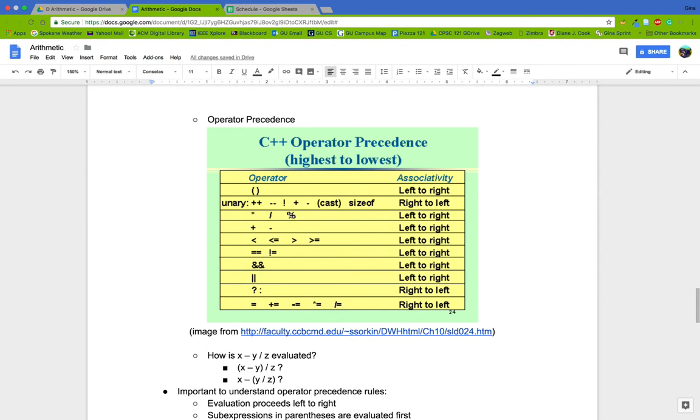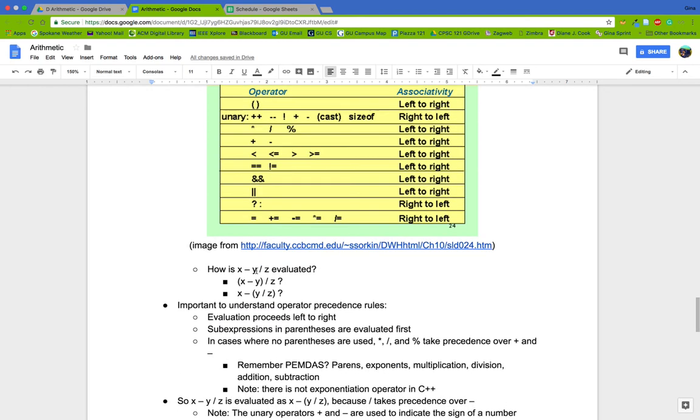Mod is at the same level of precedence as multiplication and division. We haven't learned about these operators down here or some of these operators here, but we do know about unary plus and minus, like you would use unary minus to negate a value, and we learned about cast already. So we'll learn about these relational operators and these logical operators soon when we start to talk about conditionals. They're very important.